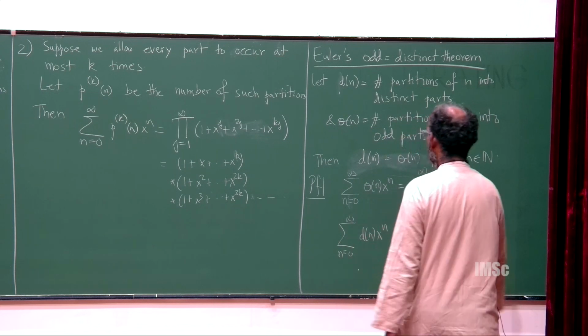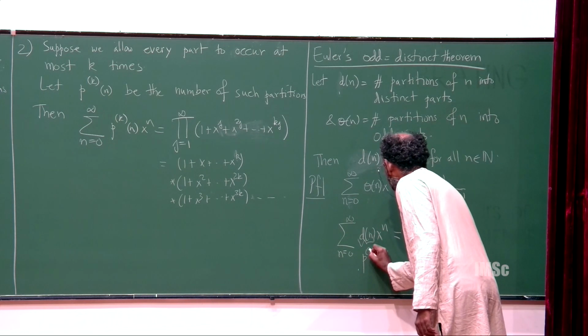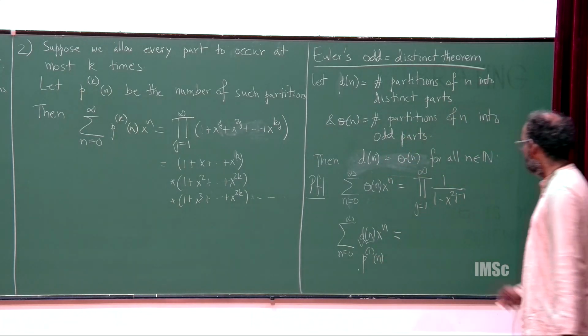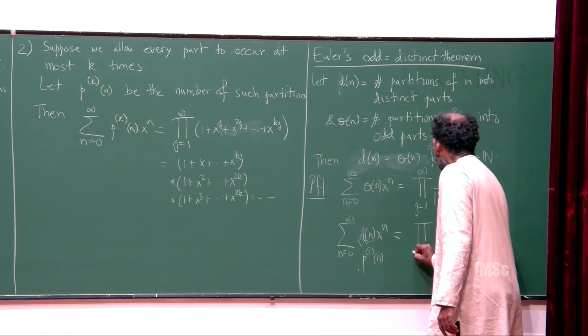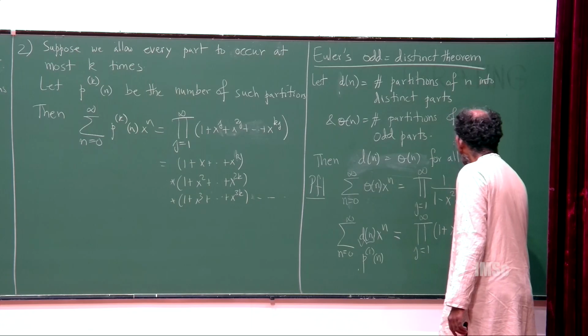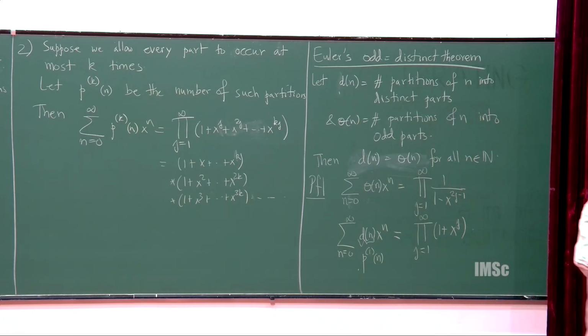So d of n is just another notation for p super 1 of n. So this is exactly product j equals 1 to infinity 1 plus x to the j, right, because we only allow it to occur once. So x cubed can only occur once, x fourth can only occur once, etc.